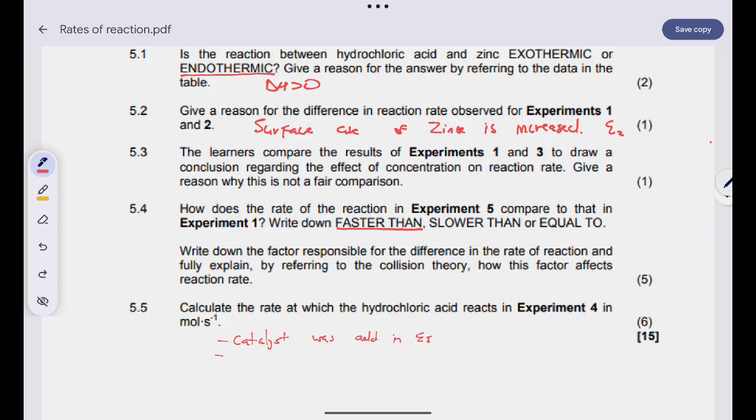Third point, more particles will be correctly orientated, and we'll end up having effective collisions. Point number 4, when there are more effective collisions, obviously the rate of reaction will be greater.